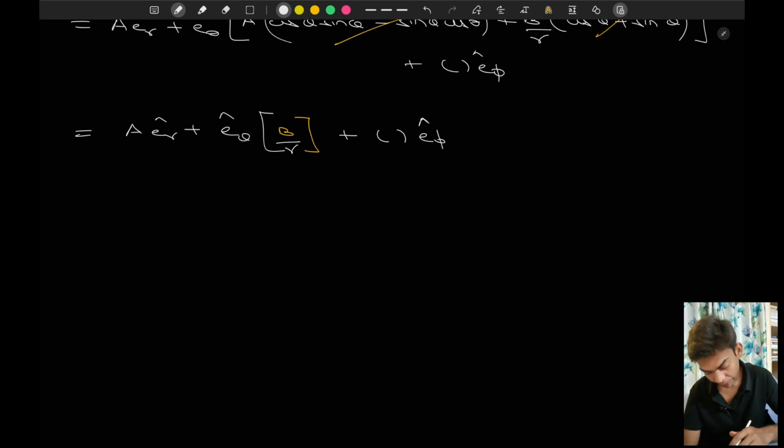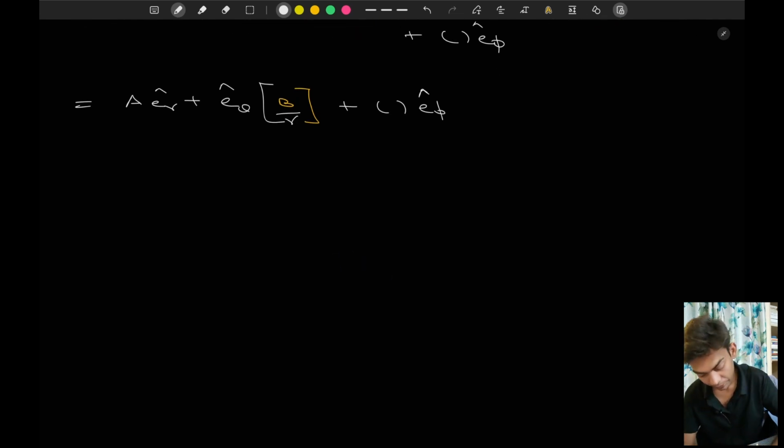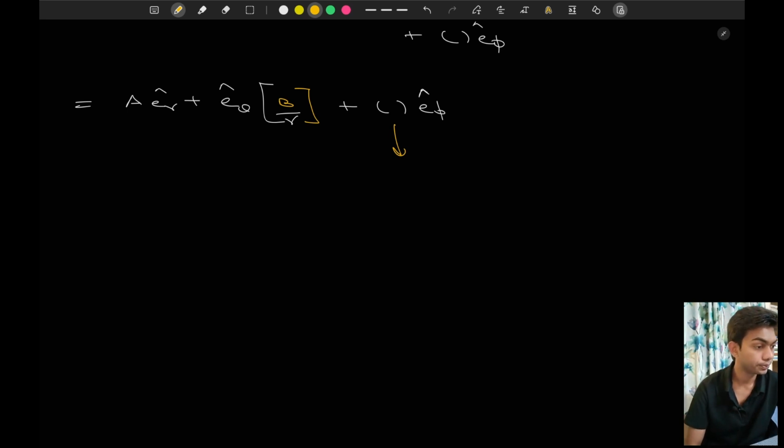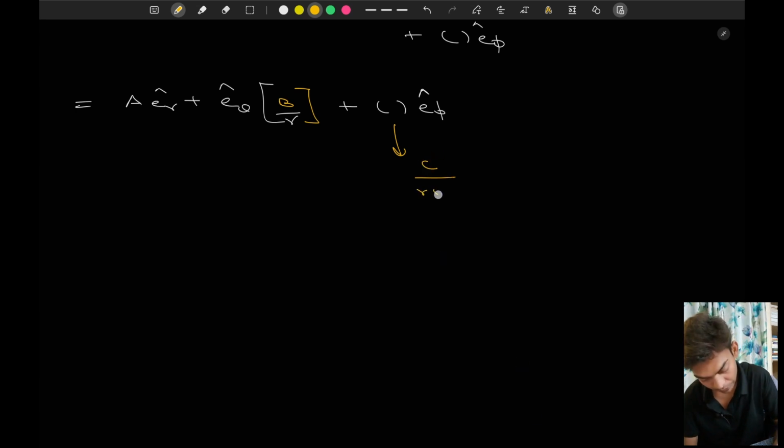Right, I got my coefficients for the er and e theta, and as I told you, I will leave the coefficient for e phi as an exercise. But I will give you this coefficient. This will come out to be c by r sine theta.